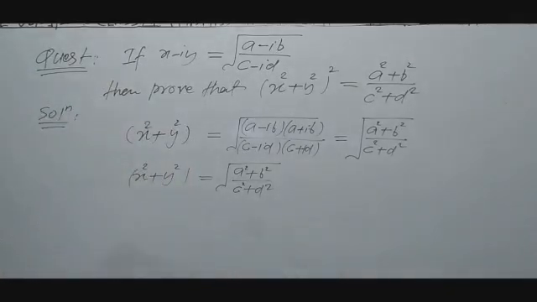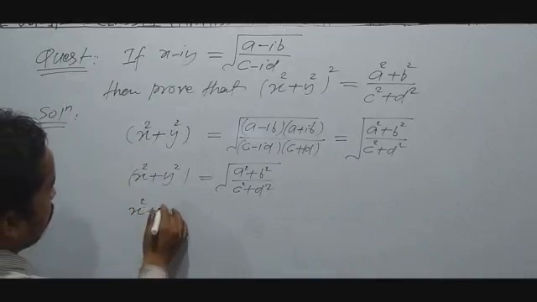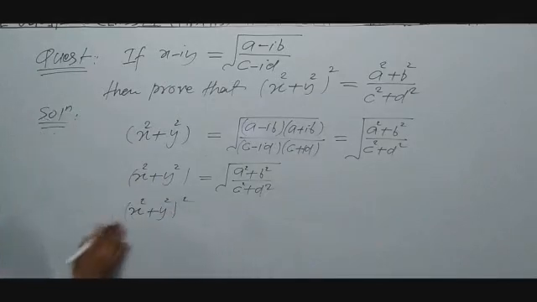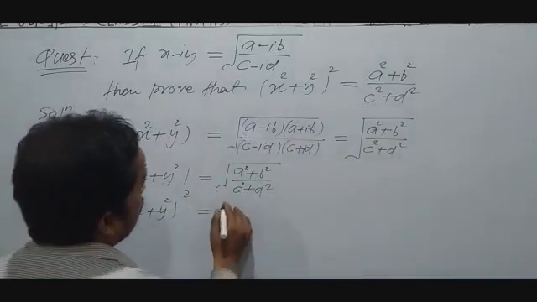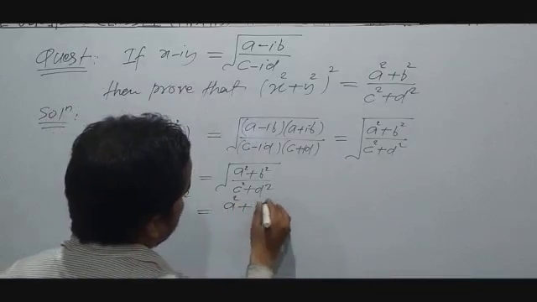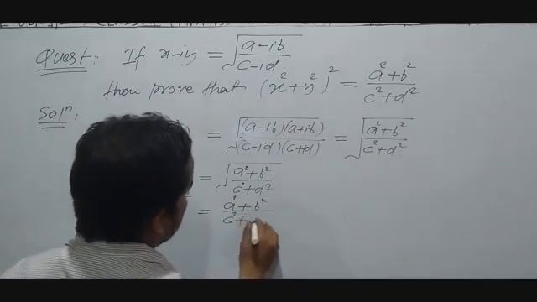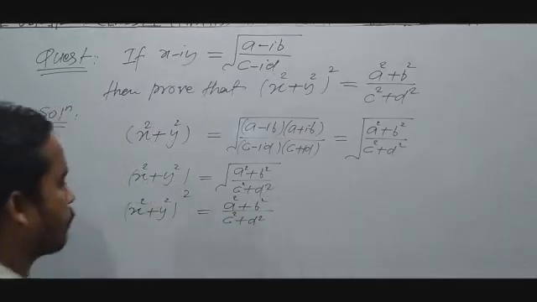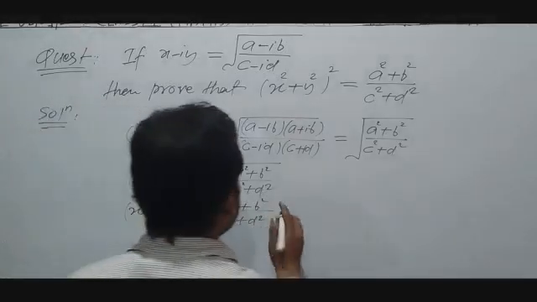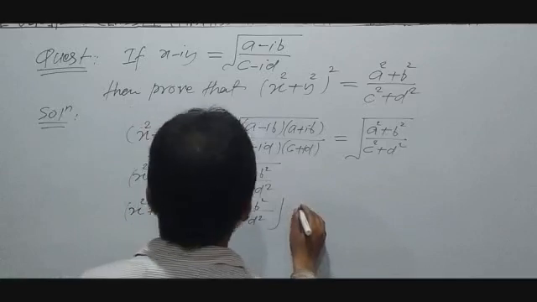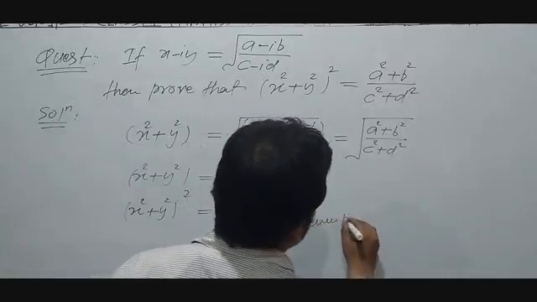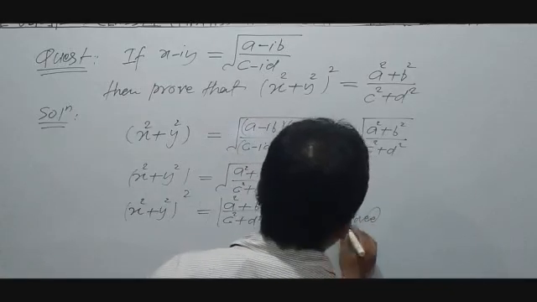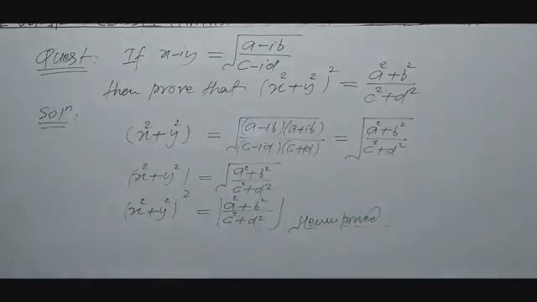Squaring both sides, (x square plus y square) whole square is equal to (a square plus b square) upon (c square plus d square). This is the result. Hence proved. Now this question is completed.